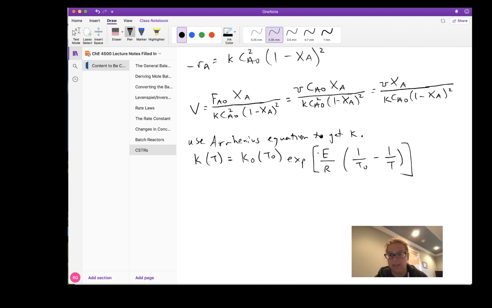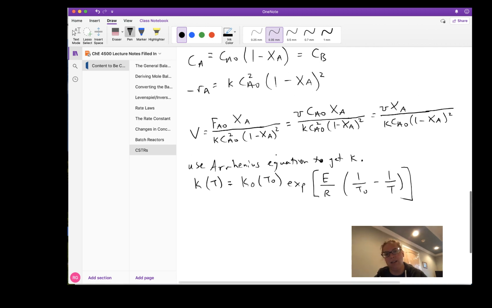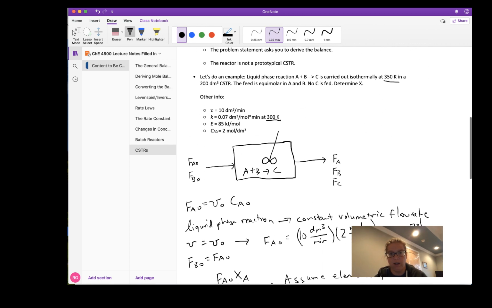In this case, the activation energy was given. This is 85 kilojoules per mole. R is equal to 0.008314 kilojoules per mole Kelvin. This T naught is the temperature at which the rate constant is given, so this is the 300 Kelvin. The T that we want to solve for is 350 Kelvin. And this k at T naught is the value at 300, so this value right here.